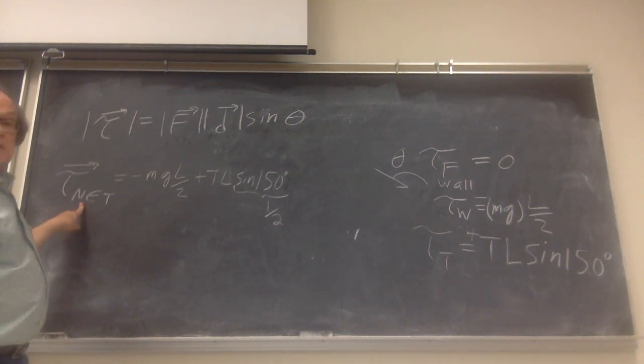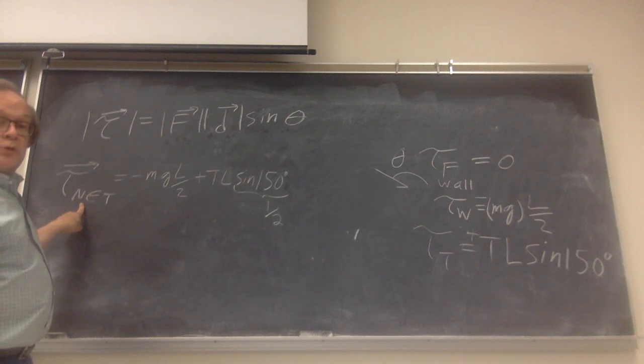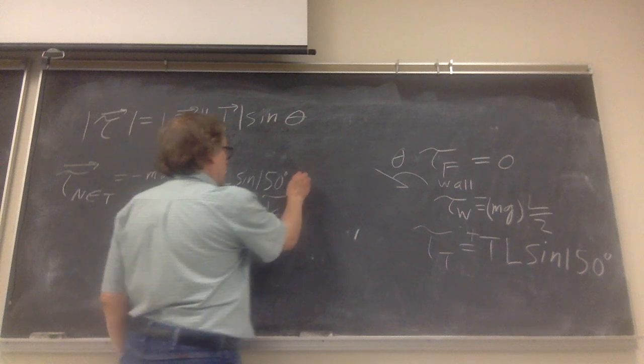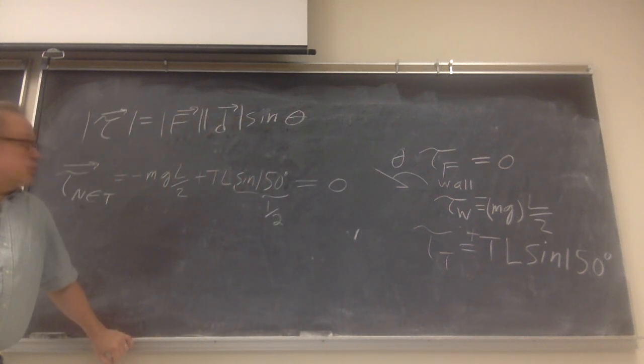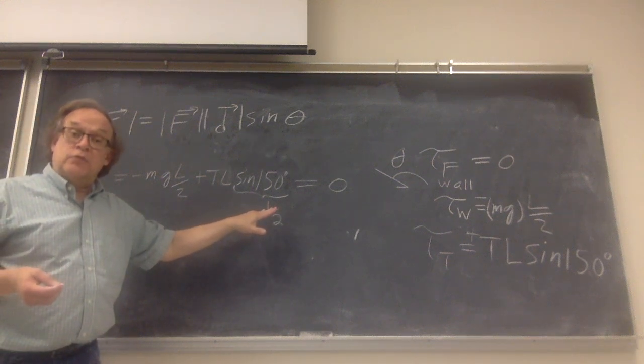And the beam is in equilibrium, so we know that the net torque on it must be 0. These torques must all add up to 0. And now we can solve the equation for this. We can get rid of those factors of L because there is an L factor in every term.